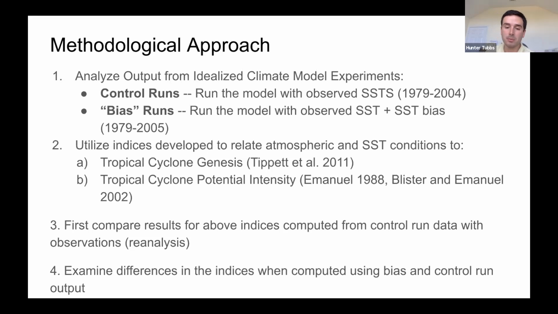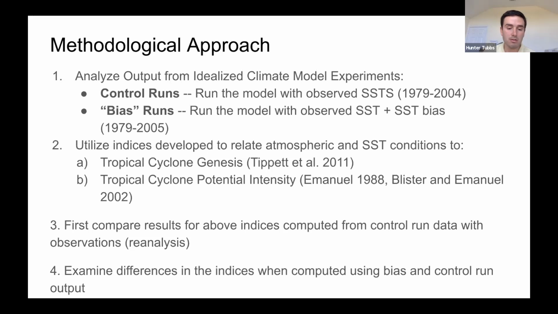And this was developed by Tippett et al. 2011. There's also another index called the Tropical Cyclone Potential Intensity, which essentially says if a tropical cyclone were to form in these conditions, how strong could it theoretically become? And that was completed by Emanuel 1988 and Bister and Emanuel 2002.